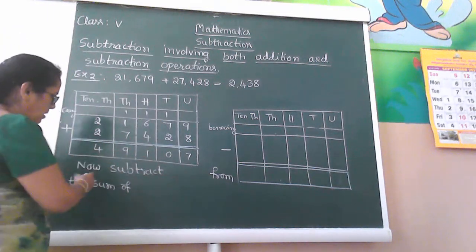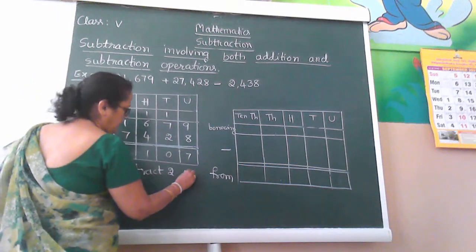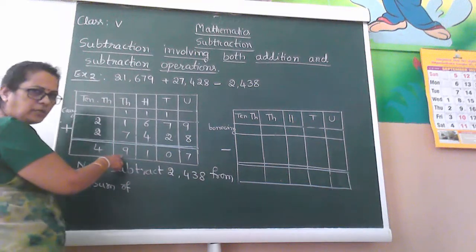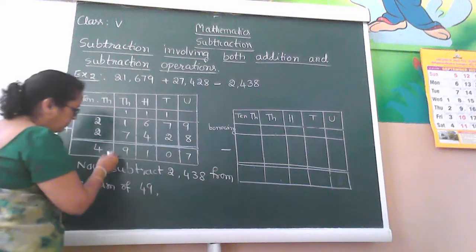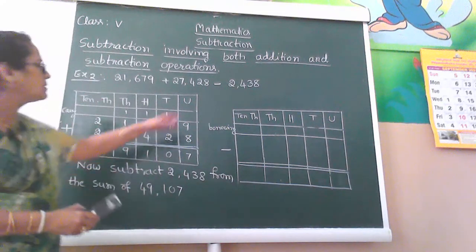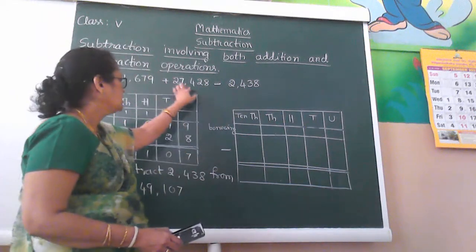Now subtract 2,438 from whatever we got here, that is 49,107 after addition. So we will subtract this 2,438 from the sum.